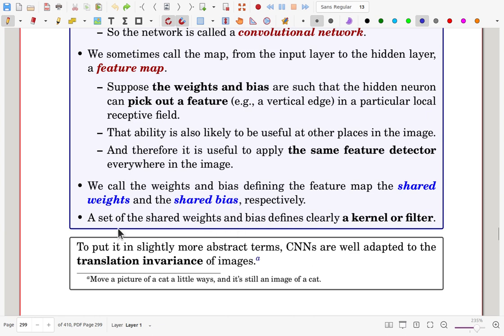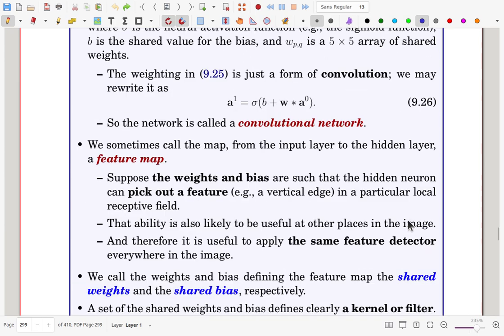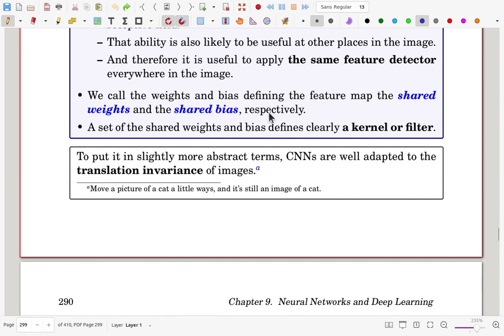And the set of shared weights and bias defines a kernel or filter. So these two make a convolutional kernel or a convolutional filter. Each kernel or each filter makes a feature map.